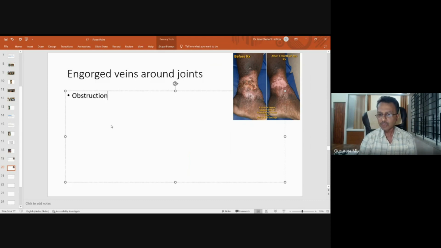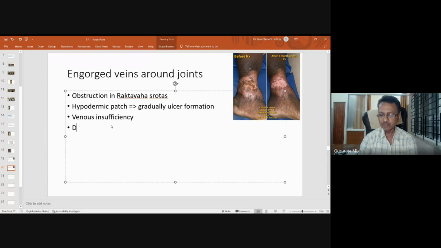Because of that there is swelling and discoloration, which slowly went into a hypodermic patch and then opened into ulcers. This usually happens in venous ulcer formation, or venous insufficiency. This patient even has deep vein thrombosis.